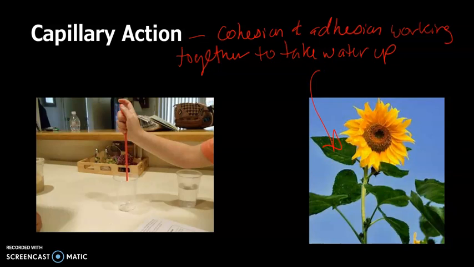And gravity is kind of really important and brings everything down. So a tall plant like a sunflower has to work really hard to get water up against that force of gravity.